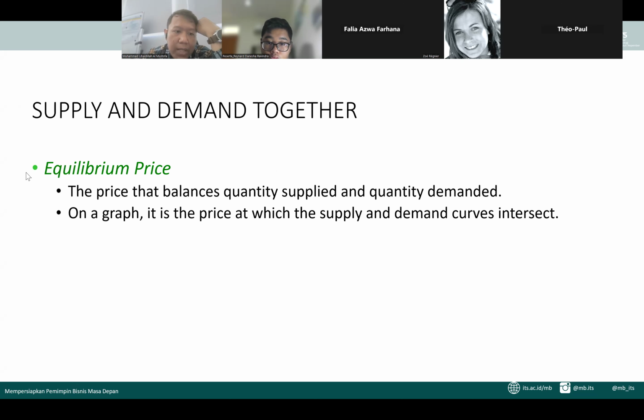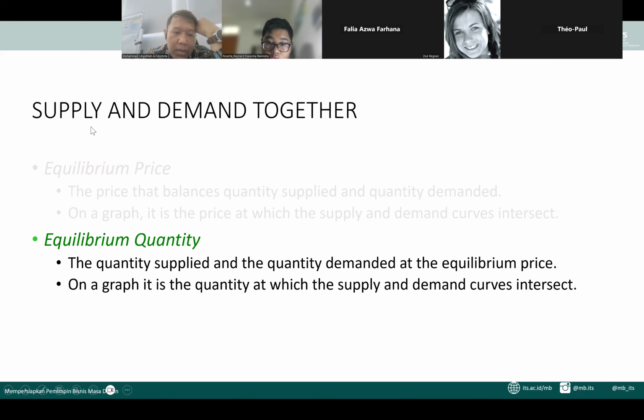So the equilibrium price is the price that balances quantity supplied and quantity demanded. On a graph, it is the price at which supply and demand interact together. So this is the intersection point. Equilibrium quantity is the quantity supplied and the quantity demanded at the equilibrium price.